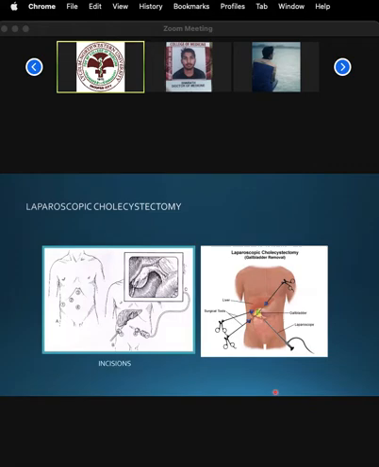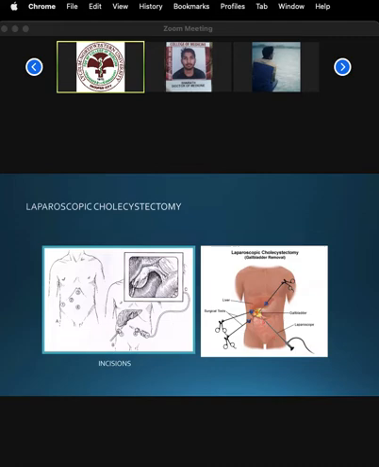So for lap cole, we have 4 to 5 incisions. The first thing we do is incise underneath or around the periumbilical area and insert the trocar for the scope.